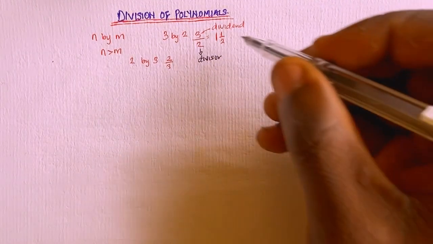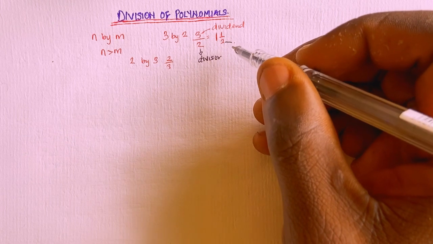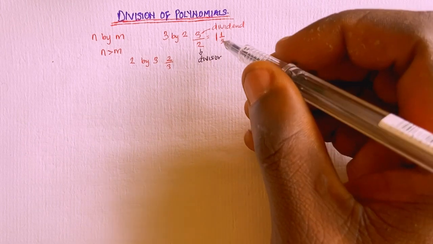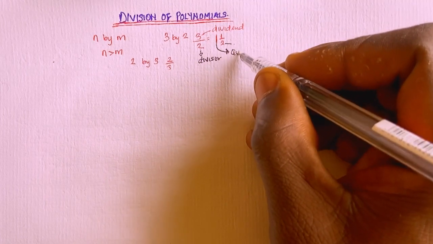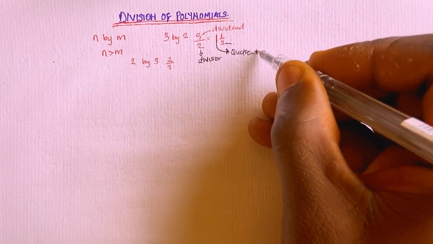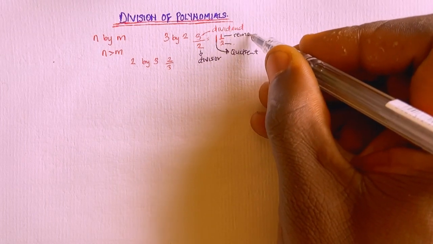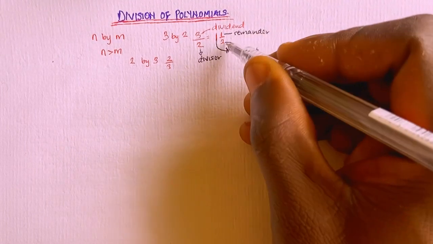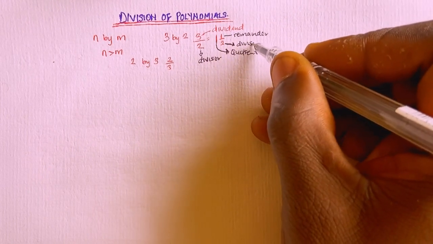In this expression, we have what is known as the remainder and also the quotient. This is your quotient. This is your remainder. And these two are your divisor.